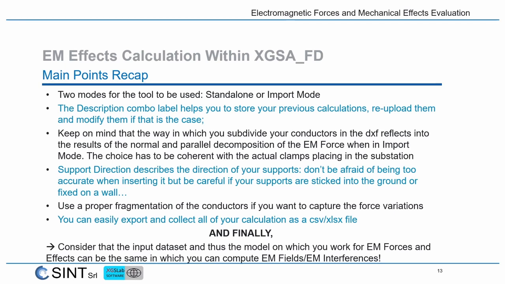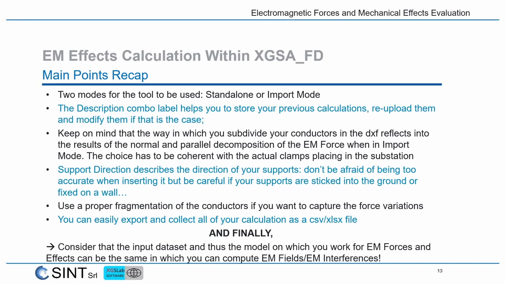The choice has thus to be coherent with the actual clamps placing and the substation in your layout, and so it has to reflect the final configuration of the mechanical busbar. The support direction describes the direction of your support.